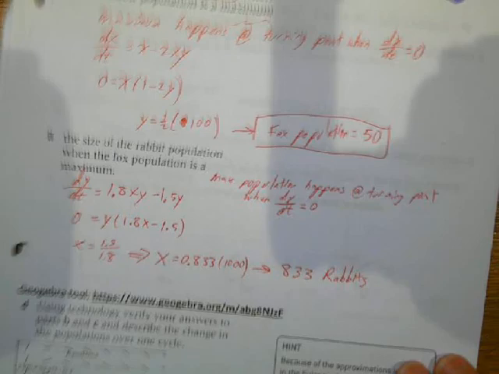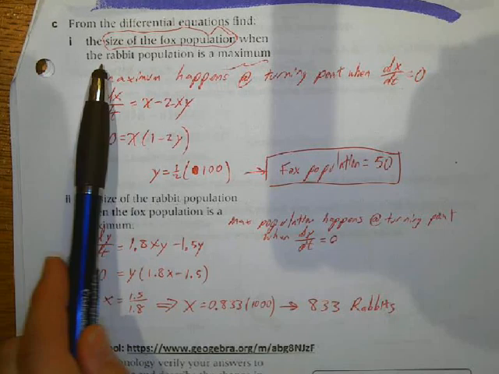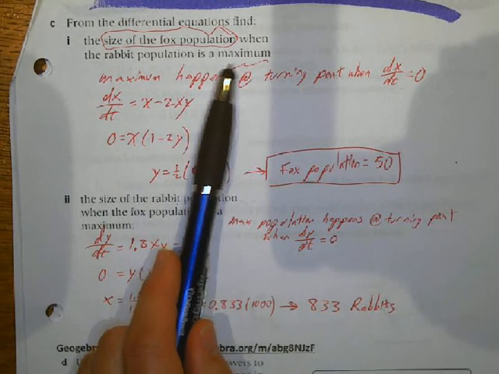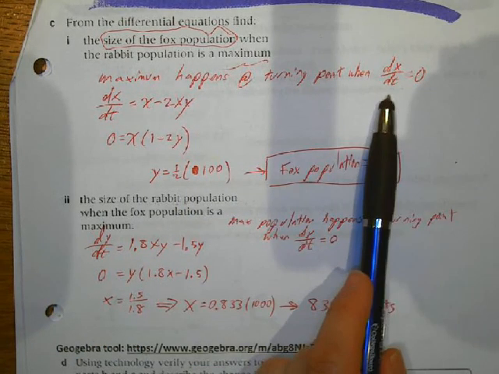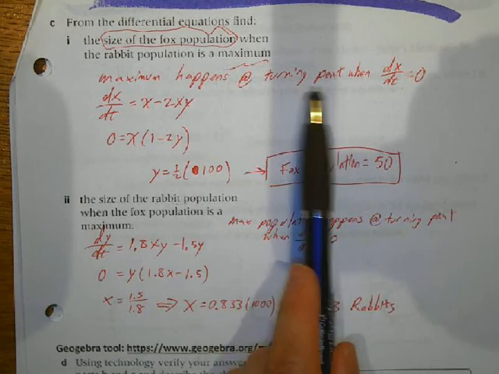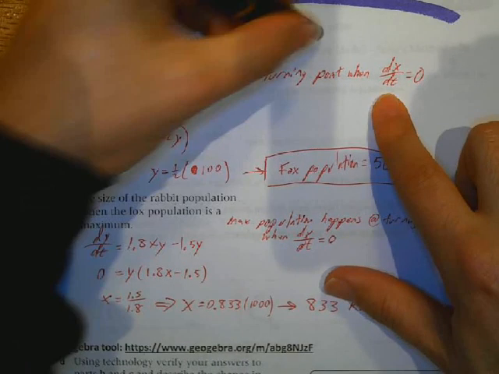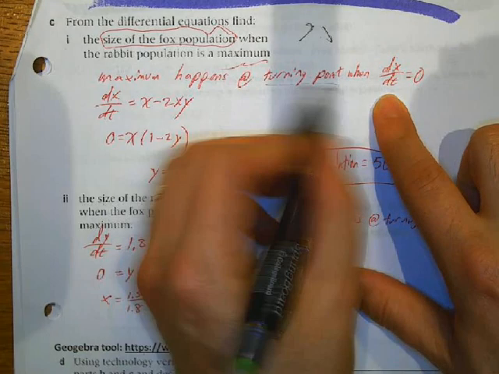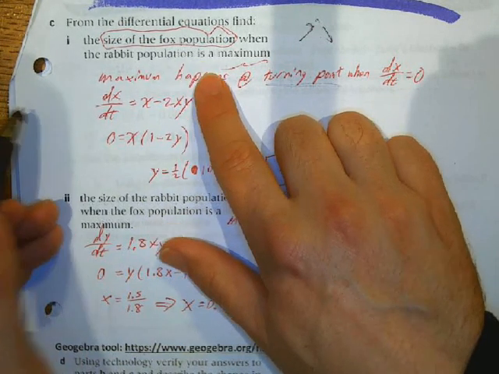Okay. From the differential equation, find the size of the fox population when the rabbit population is at a maximum. So maximums happen when a derivative is 0, right? We have turning points, and if a derivative is positive, it's going up. When the derivative is negative, it's going down. And so when the derivative is 0, that means we have a maximum population for rabbits.